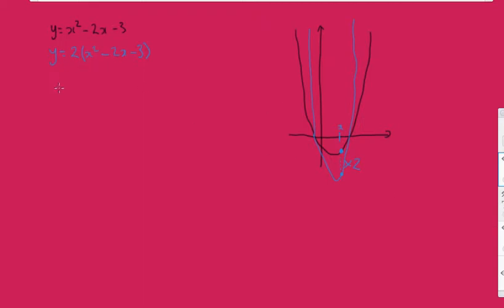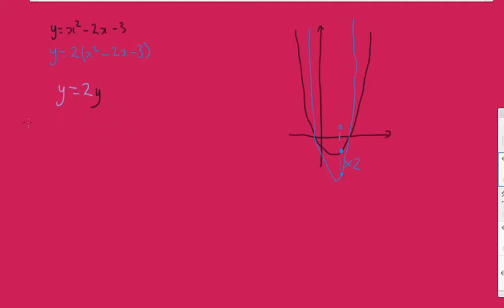Y equals 2, and the black y. So we see that this means that the blue curve is twice the distance from the black curve at each given point of x.